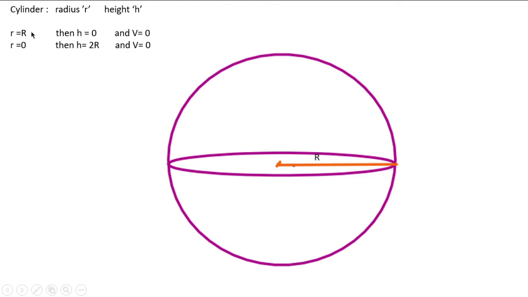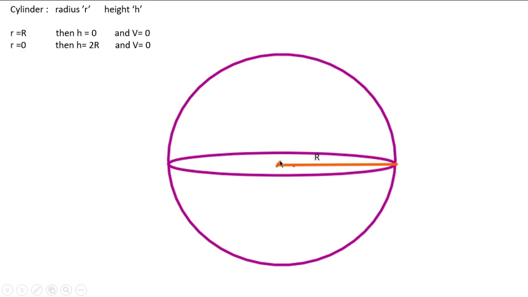So volume is a function of r and h itself is a function of r. Or you can say the opposite also, because here we saw the situation with respect to r only. If we had seen it with respect to h, then the thing would be different.